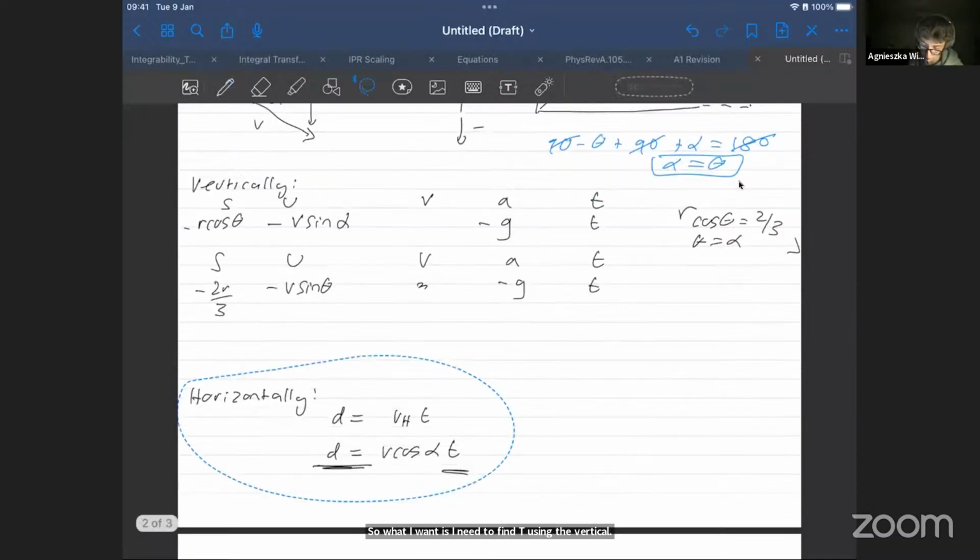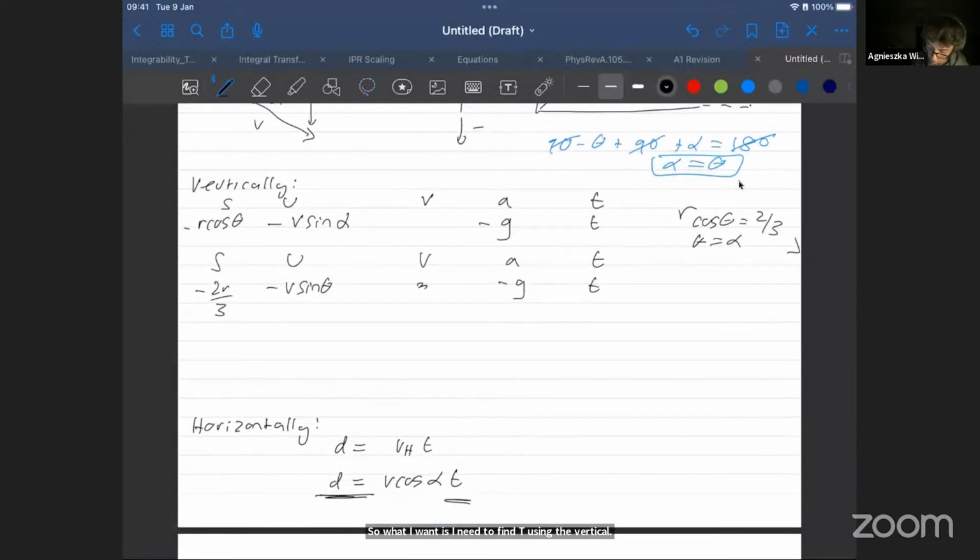So what I'm going to do is use the equation where s is equal to ut plus a half at squared. I'm going to put in all my variables. So I get minus 2r over 3 is equal to minus v sine theta t. Let me just check if I'm doing it the right way, not confusing too many people with the solutions.